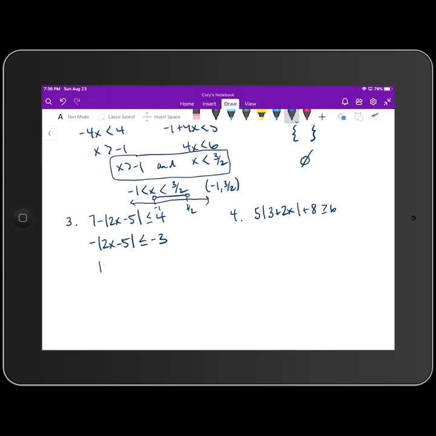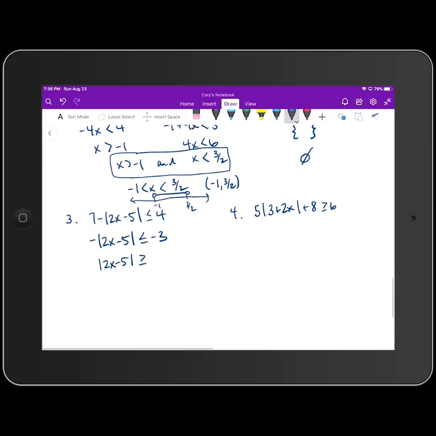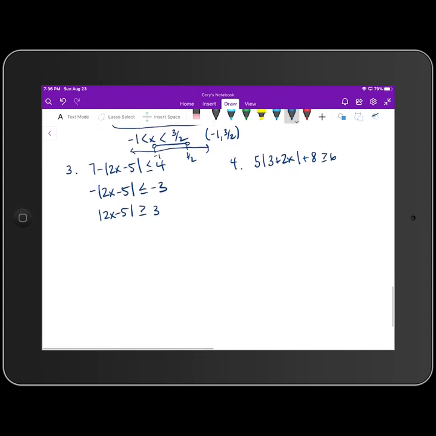So when I do that, we get the absolute value of 2x minus 5, and the inequality symbol is going to reverse when I multiply or divide both sides by a negative number. That's going to be greater than or equal to 3. And that makes sense. It's possible for an absolute value expression to be greater than or equal to 3. Okay, so I'm going to go ahead and work it through from here.